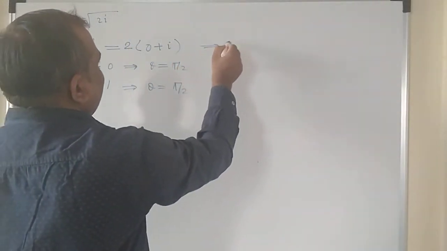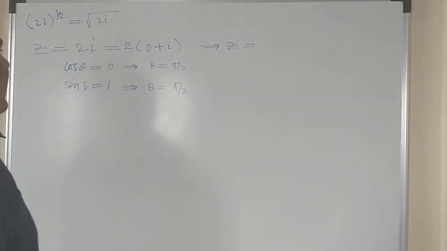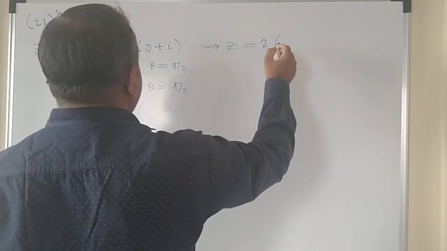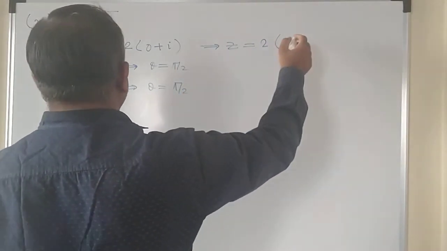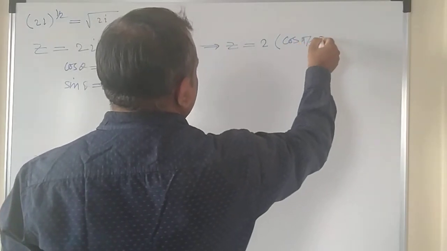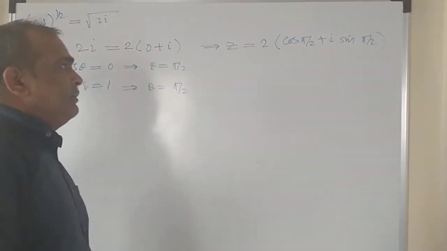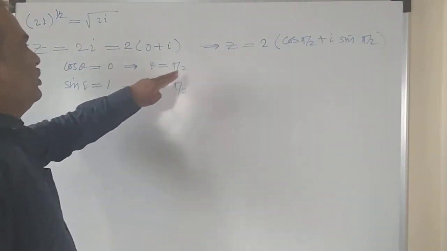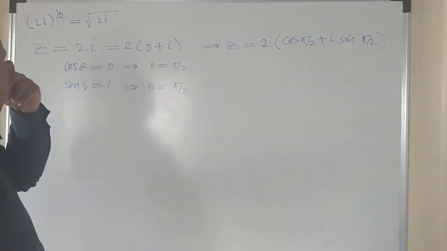Therefore I can write the given complex number z equals 2i as 2 into bracket cos of pi by 2 plus i times sin of pi by 2. Recheck whether you are getting the same value: cos pi by 2 is 0 plus i times 1, so you are getting this value.